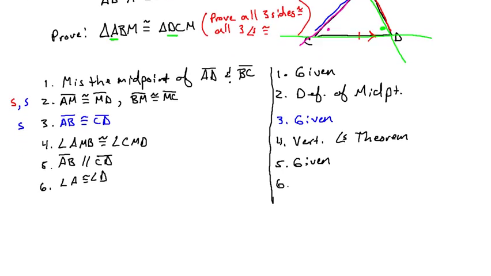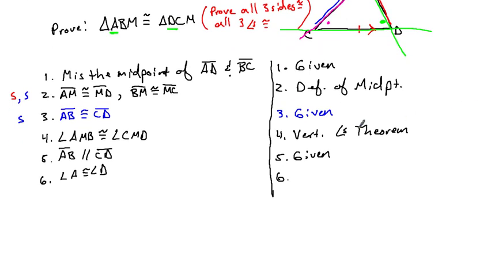They're alternate interior angles. So my reason that angle A is congruent to angle D and angle B is congruent to angle C is the alternate interior angles theorem. And now if we look, I have said that one of the angles is congruent, and I've said that the other two angles are congruent.